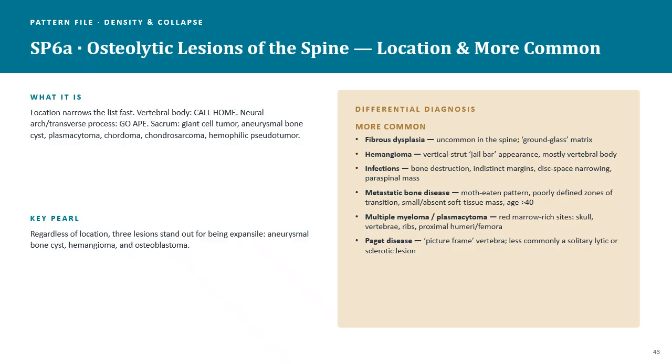When we see a lytic lesion, we're not just looking at the lesion itself. They're looking at the location, the borders, and what other things are surrounding that bone and the disc spaces as well. That's going to give them clues as to what condition is causing it. Again, osteo is bone, and lytic is destruction of the bone or that bone being lost.